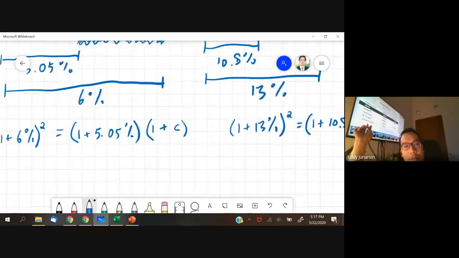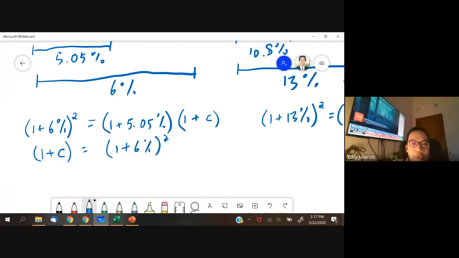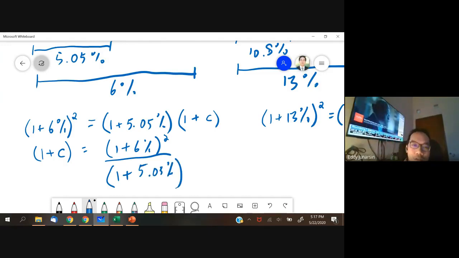Okay, so we could rearrange it. 1 plus C is 1.6 to the power of 2, that is 2 years, divided by 1 plus 5.05. So let's find it here.